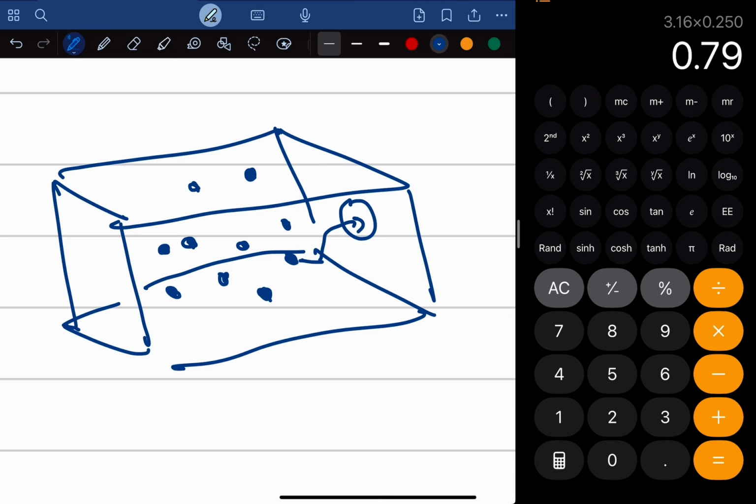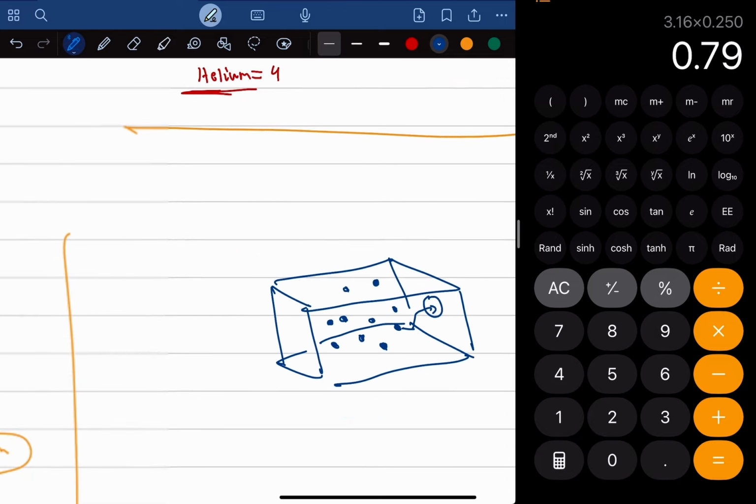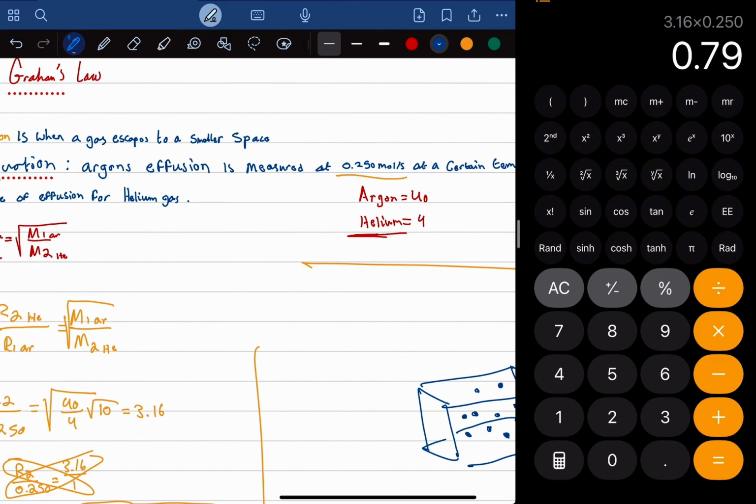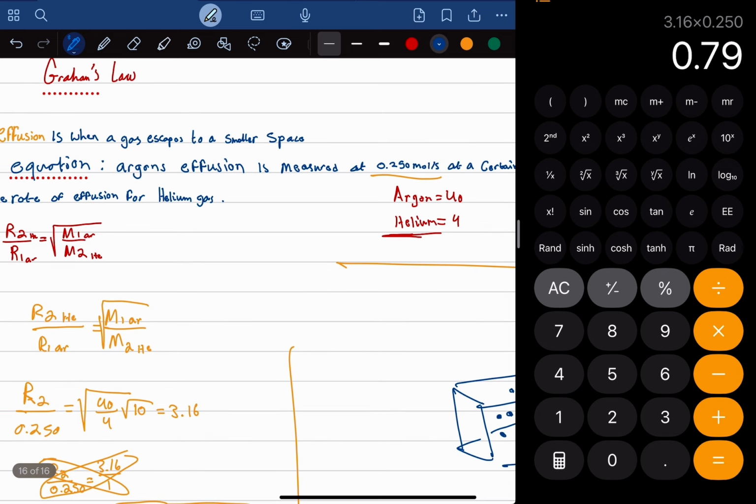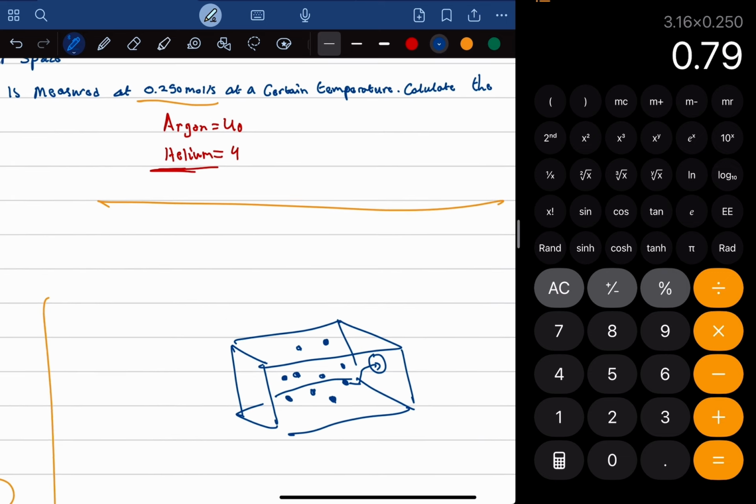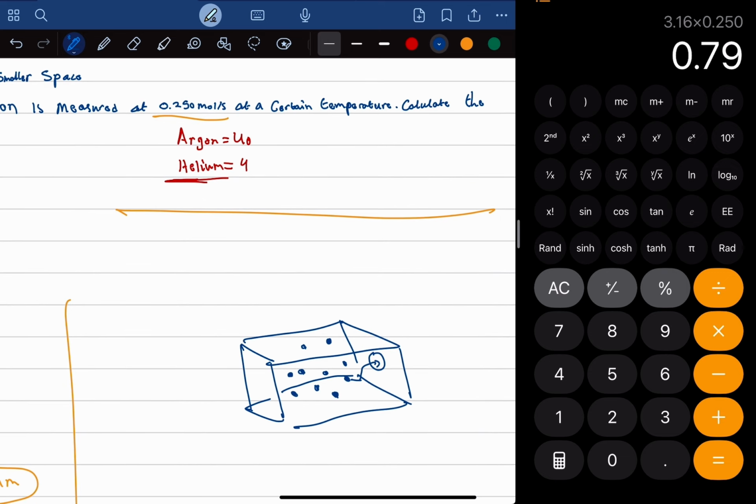It's similar to diffusion, but effusion is when a gas escapes to a smaller space, not just to smaller concentrations as in diffusion, because smaller concentrations could be in very big spaces.